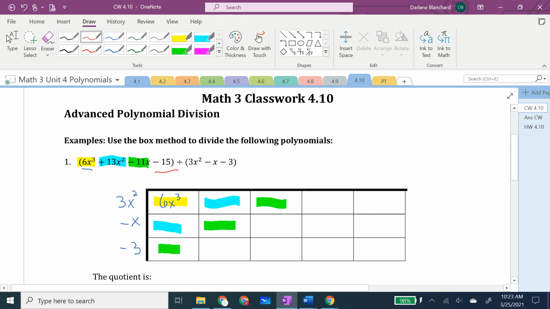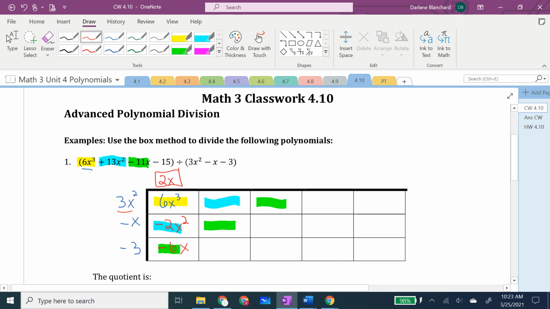You need to figure out what goes here. So 3x squared times 2x, yes? Then fill in the rest of the column because you have that 2x. 2x times negative x, 2x times negative 3.